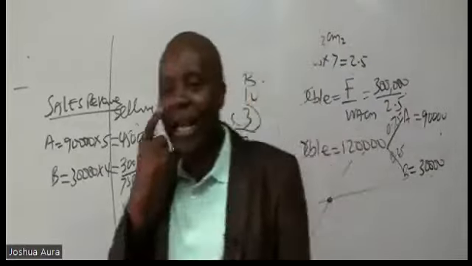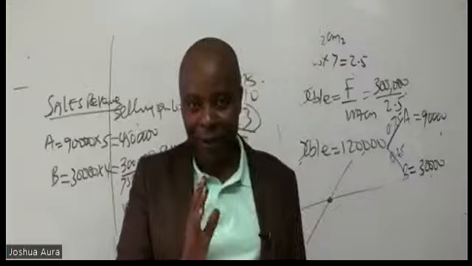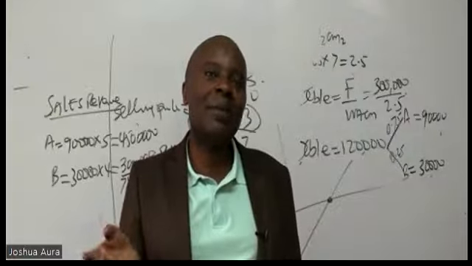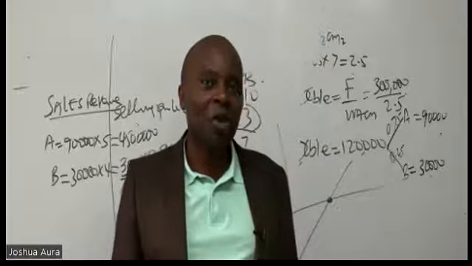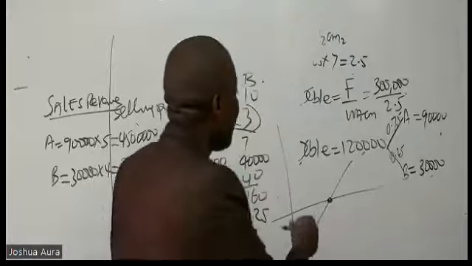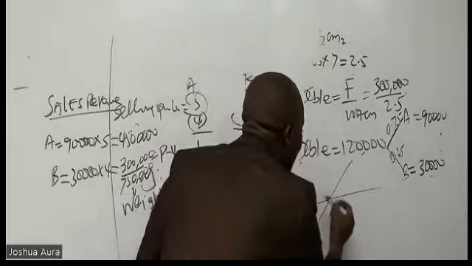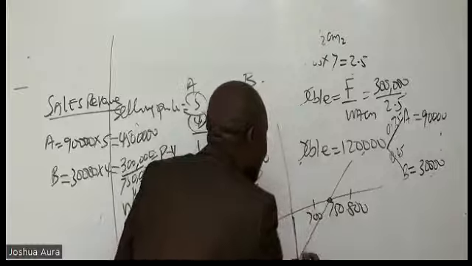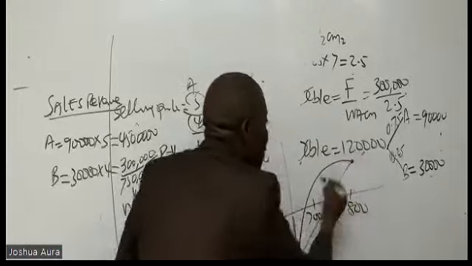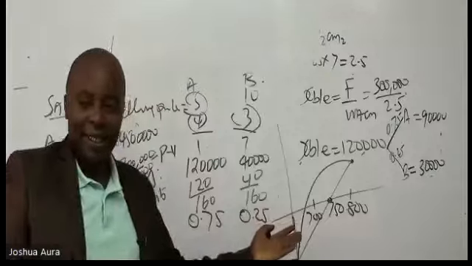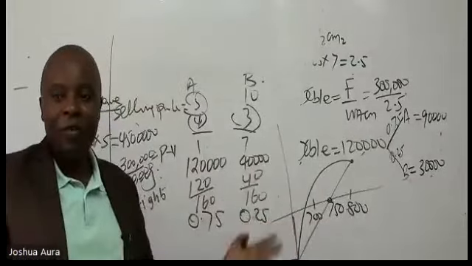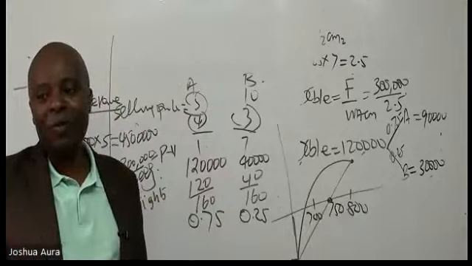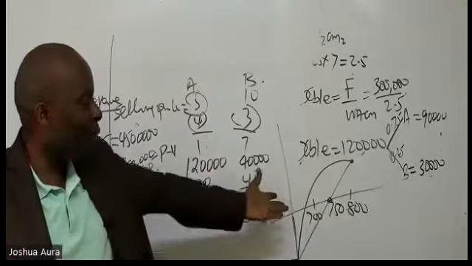I've seen students who are very bright. They know that sometimes some of these examiners don't even look at what happens. So if they're not able to draw at all, you just get a student who comes and puts there 750, 700, here we have 800, and then draws a graph like this. And this guy may end up getting all the marks. Instead of leaving a question blank, you are better off doing something like this.